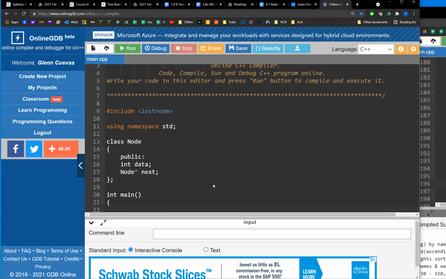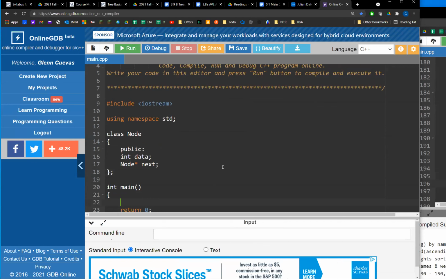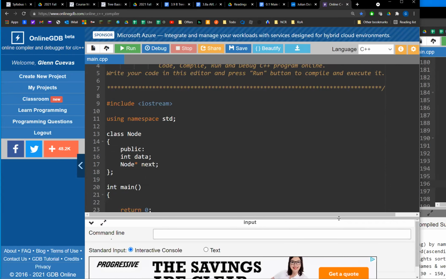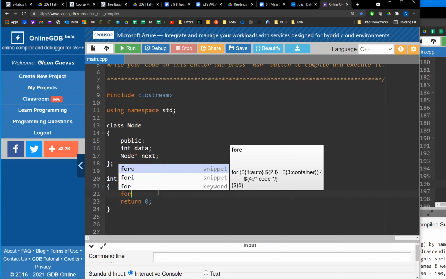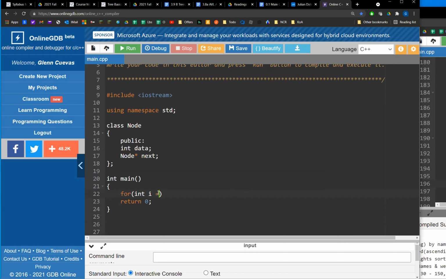Because based on a lot of the questions that have been going on over the weekend, what is going on? Okay. For program 2, help clarify the difference between a pointer and a node.